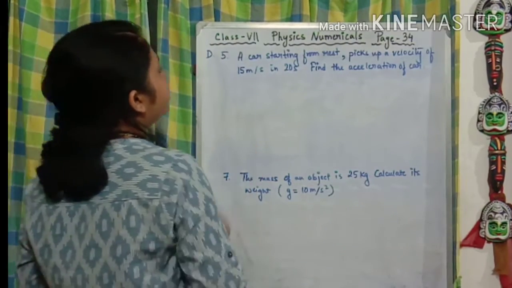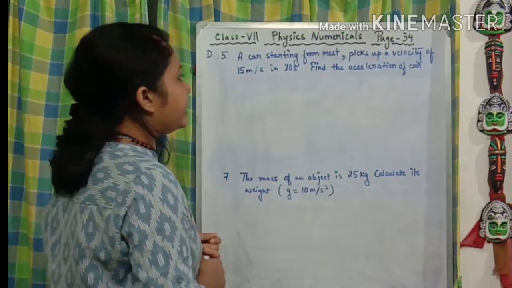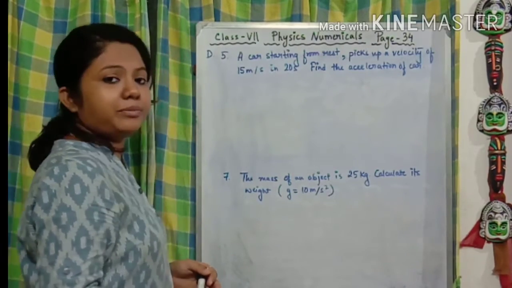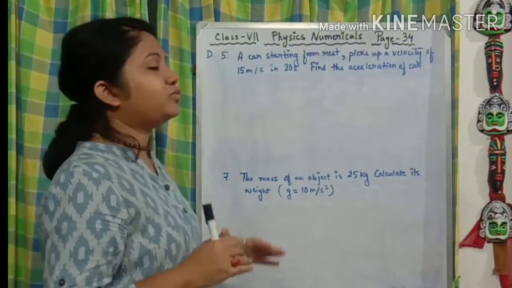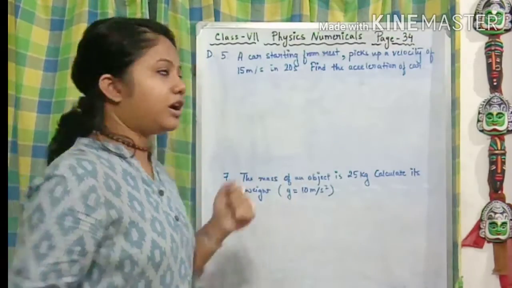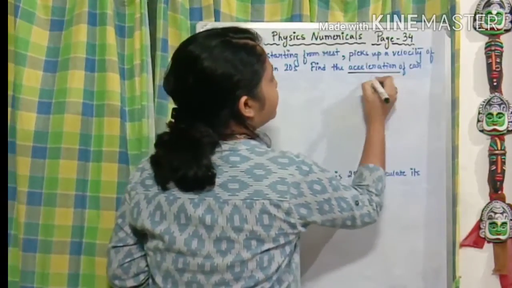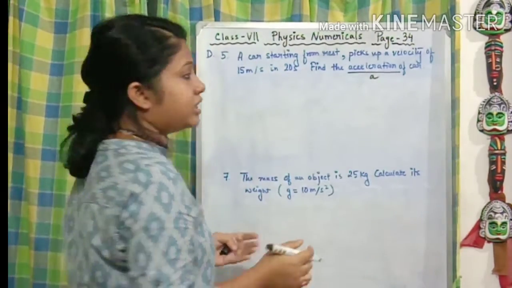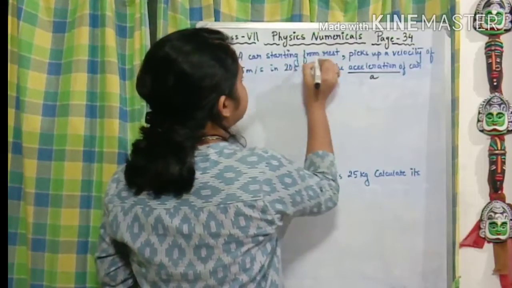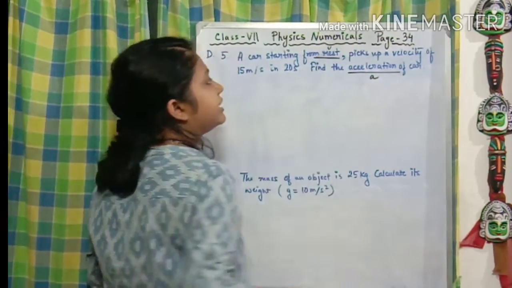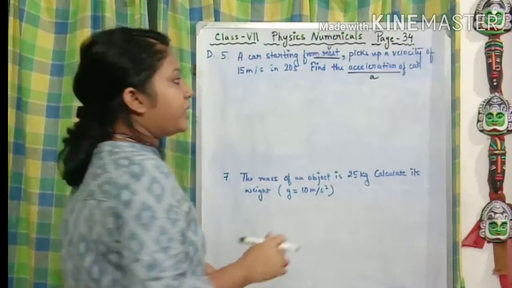Okay, here it is said that a car starting from the rest picks up a velocity of 15 meter per second in 20 seconds. Find the acceleration of the car. So here we have to find the a, that is acceleration, and what has been given to us: the car has been started from the rest, so the initial velocity, that is u, is 0.